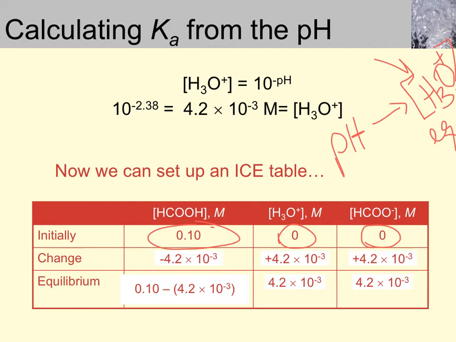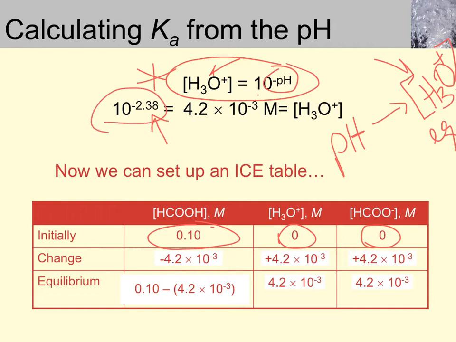So do you remember how to go from pH to concentration of hydronium ion? Here's the equation. It's 10 raised to the minus pH. That will give you hydronium ion. They gave us that the pH is 2.38. So 10 raised to the minus 2.38 is 4.2 times 10 to the minus 3.